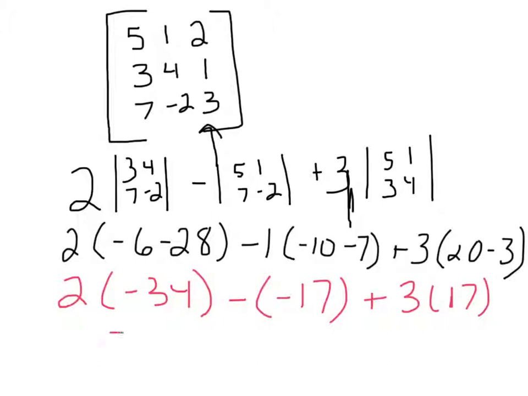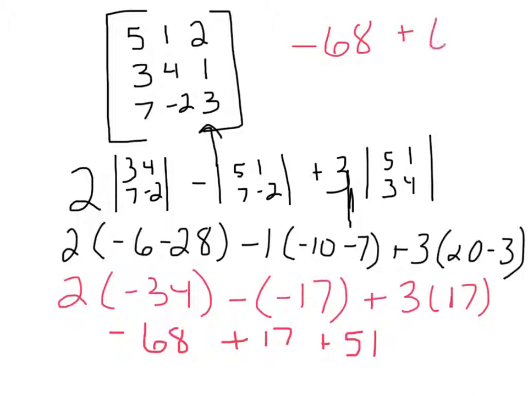So we have negative 68 plus 17 plus 3 times 17, or looks like 51. And so then you can combine those three. And so you'd have 51 plus 17 is 68, and negative 68. So we've got negative 68 plus 68, which would be 0. So the determinant of that 3 by 3 matrix is 0.